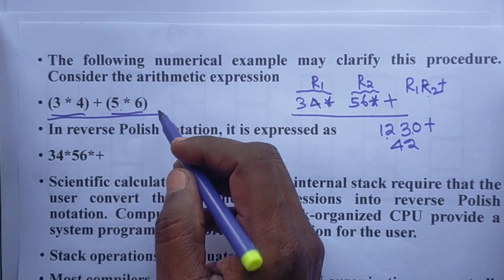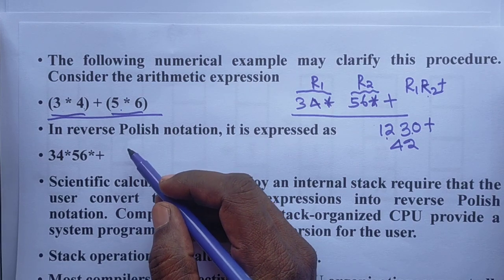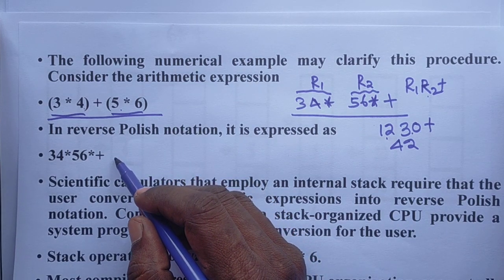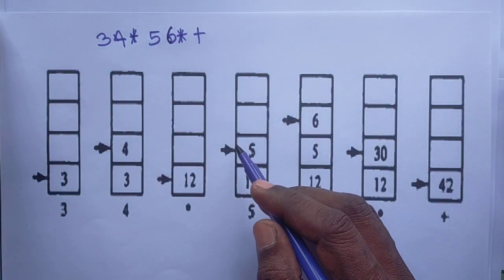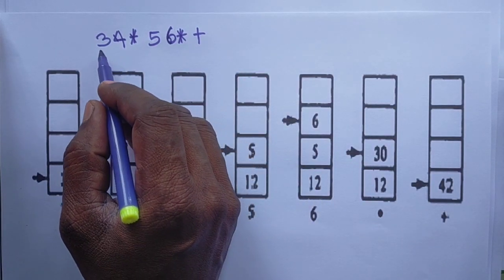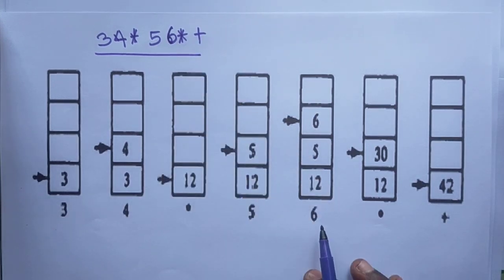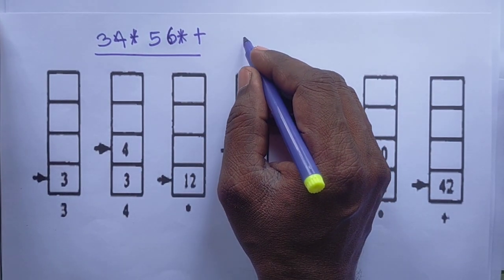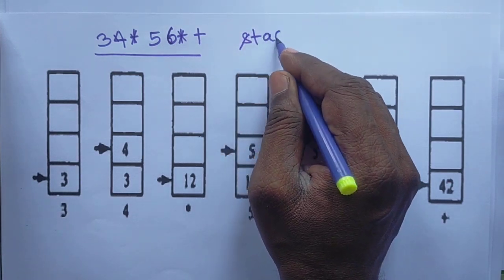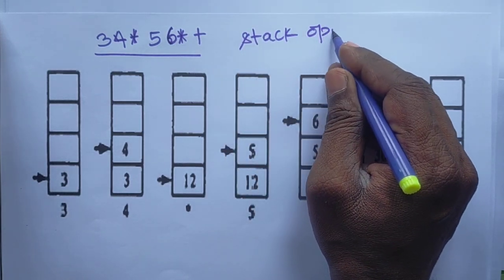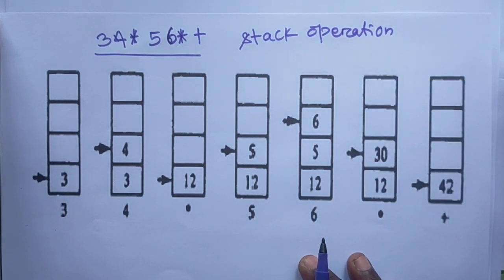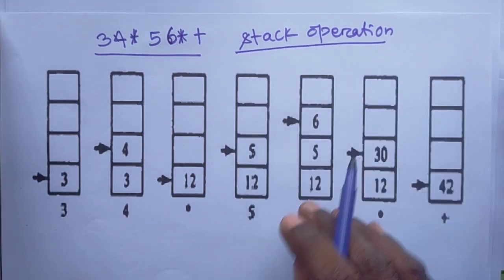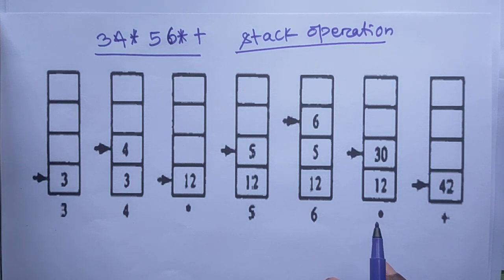This expression is converted to reverse polish notation in this way. Okay, so how is it defined? Now we see this particular expression; we have to evaluate it through stack operation. So now we will start the stack operation and see how it evaluates.